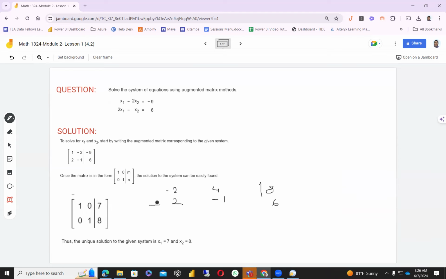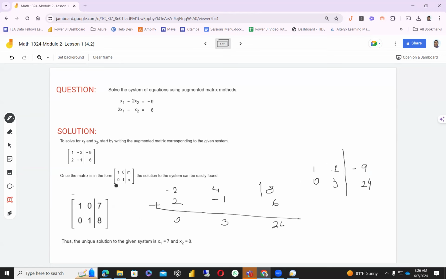If I add them up, I get 0, 3, 24. But it's still not in the format, and then I will just copy them to row 2 now. So row 1, 1, -2, -9 stays on the first row, but the second row, I'm going to change it to 0, 3, 24.